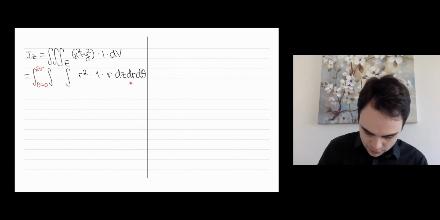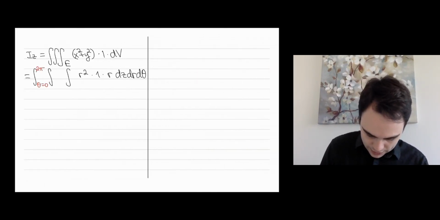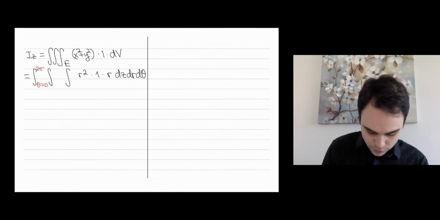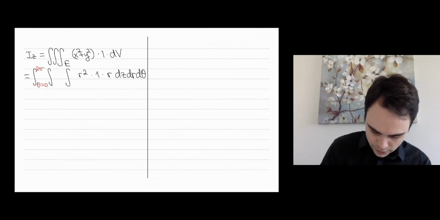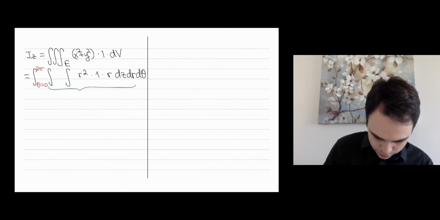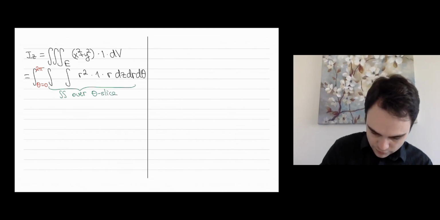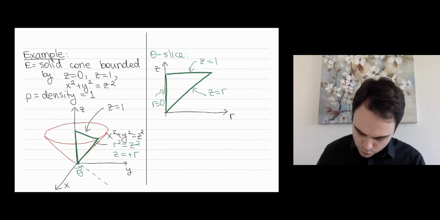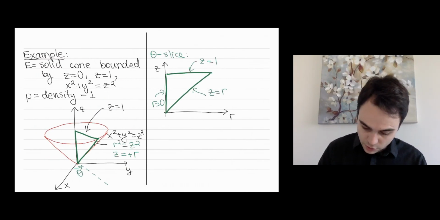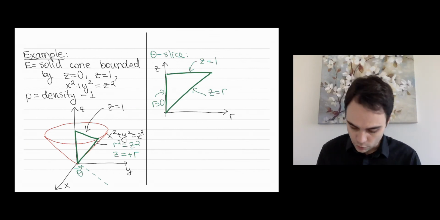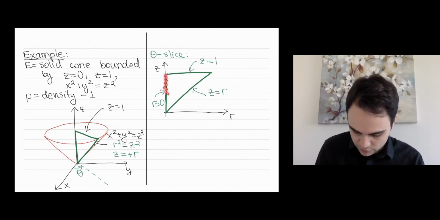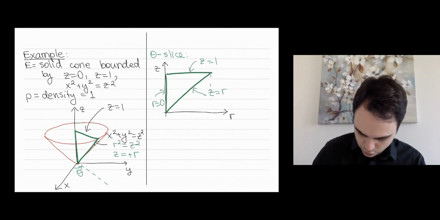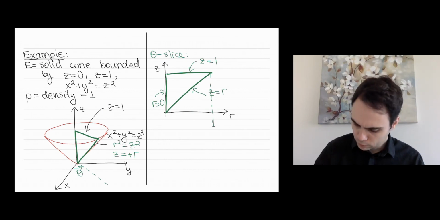And then if I fix a value of theta and move on to the double integral, this is a double integral over the theta slice, for that fixed value of theta. Here I have the picture of the theta slice. We're doing it in the order dz dr. So the minimum value of r in this triangle slice is 0. The maximum value of r is 1.